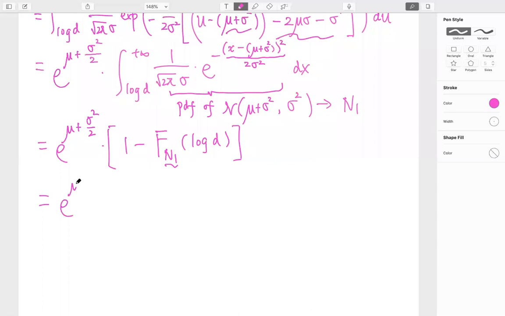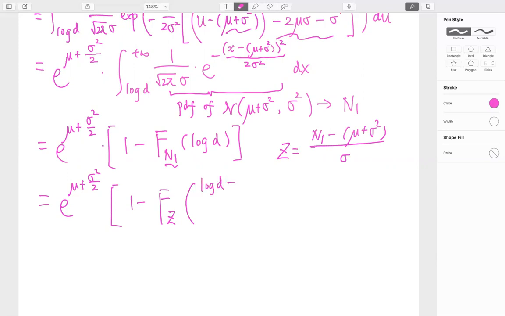In order to standardize, we need to subtract its mean and divide by its standard deviation. z will be n1 minus its mean divided by its standard deviation, so divided by sigma, not sigma squared. Then we convert to the standard normal: log d minus mu minus sigma squared, divided by sigma.